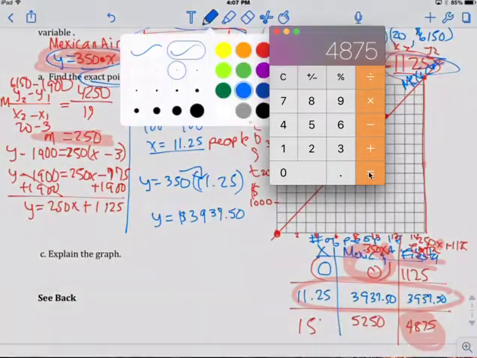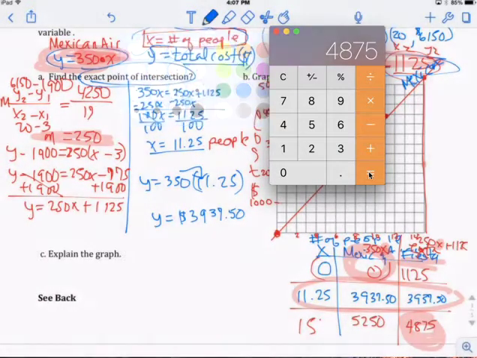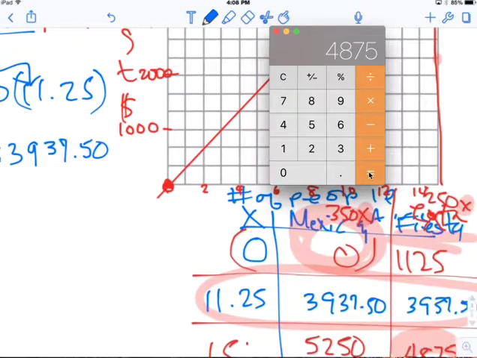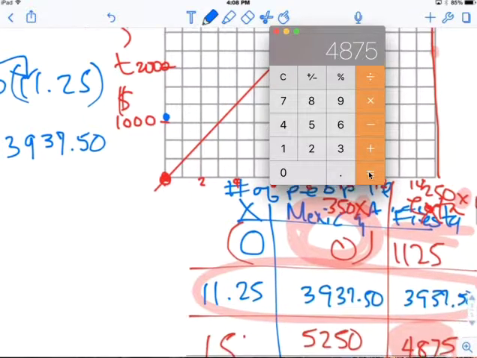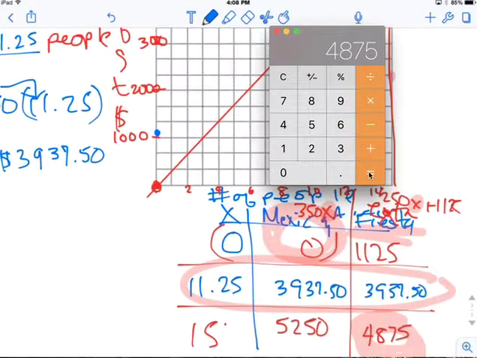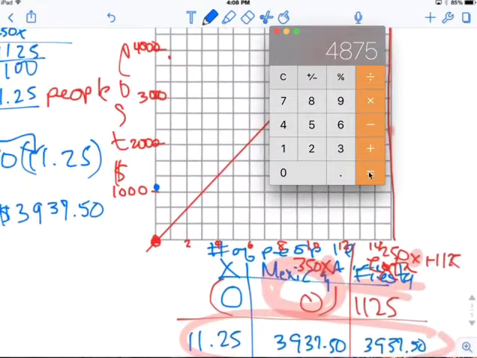And now let's do the Fiesta. 0, 1,000. Right there. 1,100. And 11. 11 is almost 4.